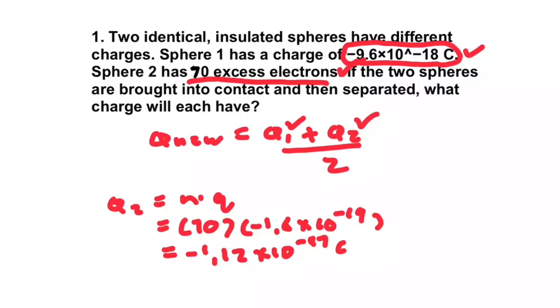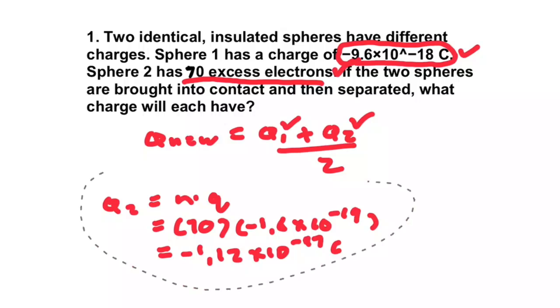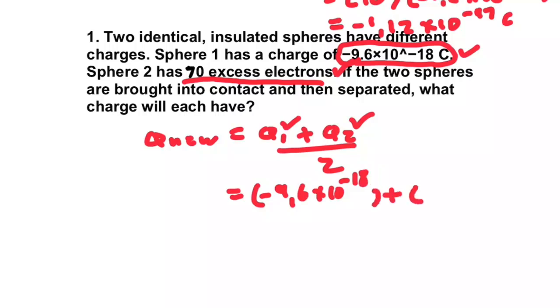We can go ahead and substitute in order to find the charge that each sphere will have after separation. So let me just drag this to the side. Right. So Q1, the charge on the first sphere, that is minus 9.6 times 10 to the minus 18, plus the charge on the second sphere, we have minus 1.12 times 10 to the minus 17.